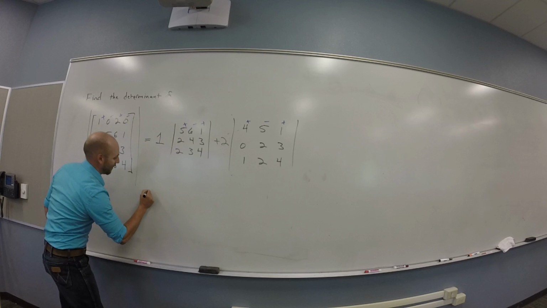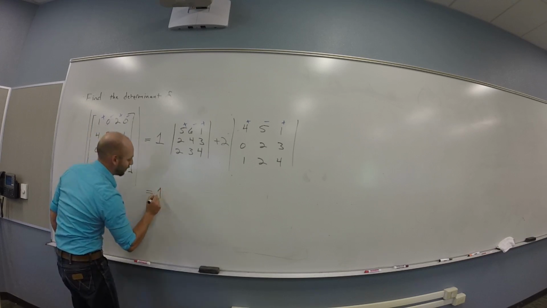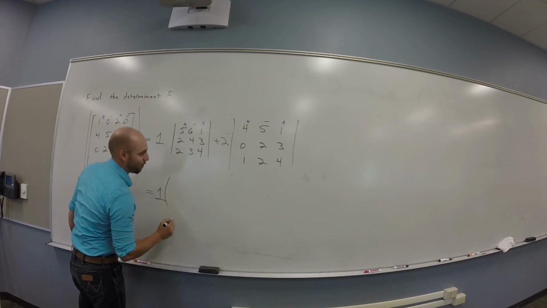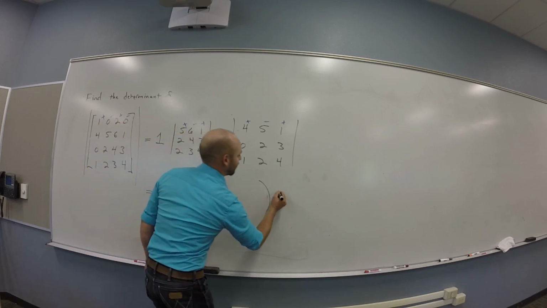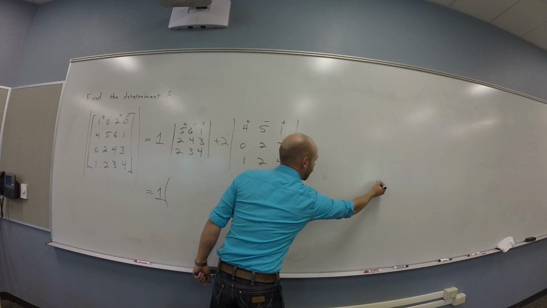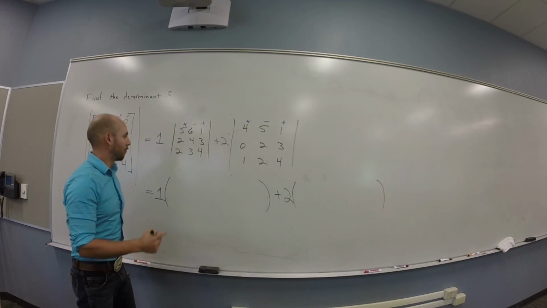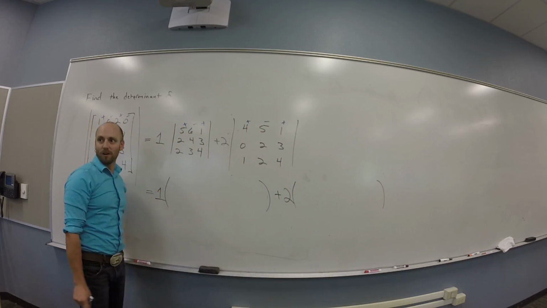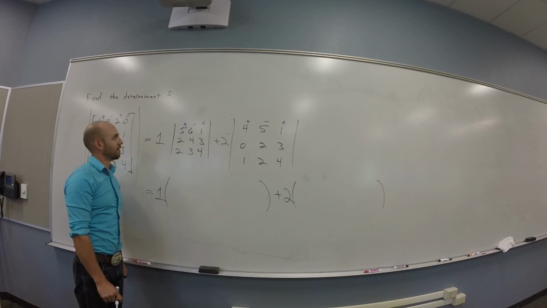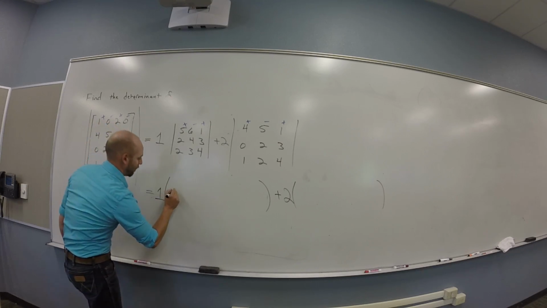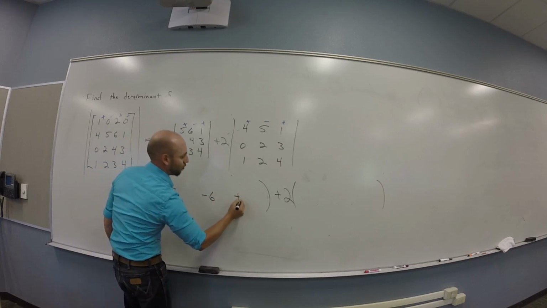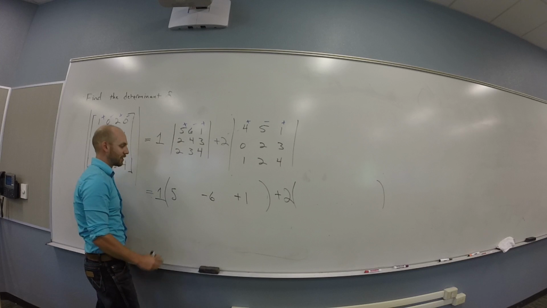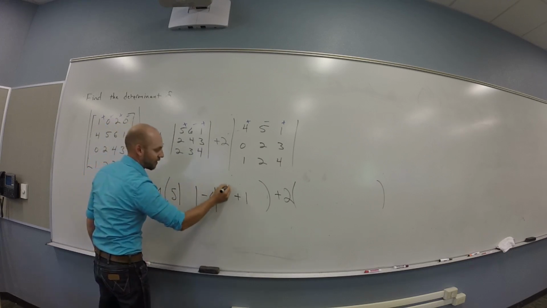So this is going to equal 1 times big brackets plus 2 times big brackets. And what do I need to write in here after the 1? 5 minus 6 plus 1 with spaces. And in the spaces, I need to fill in.